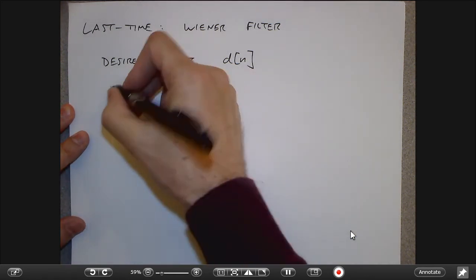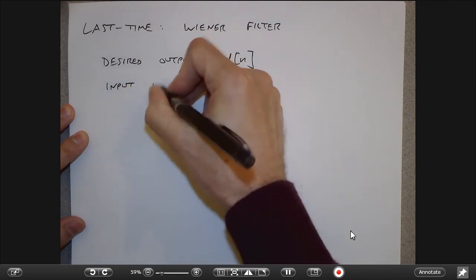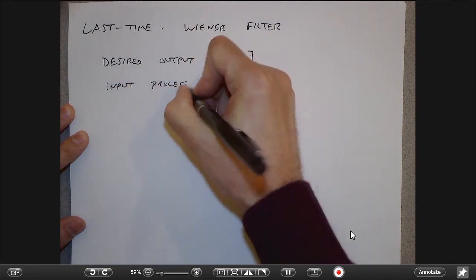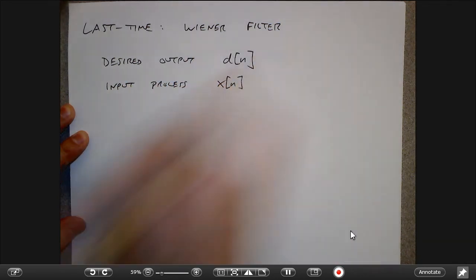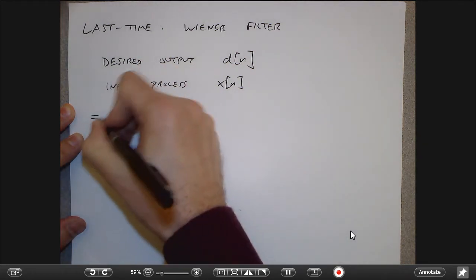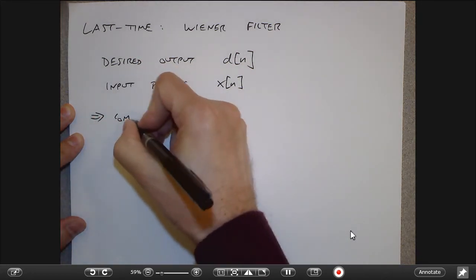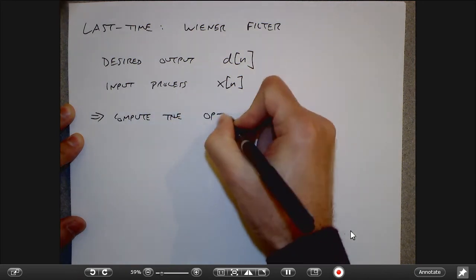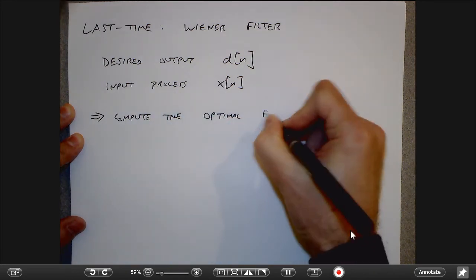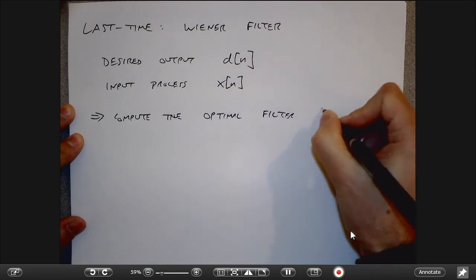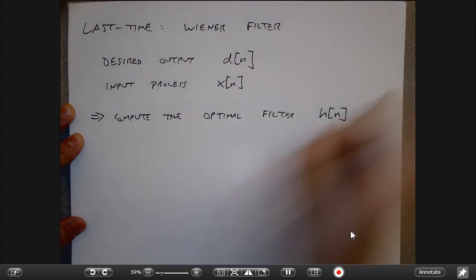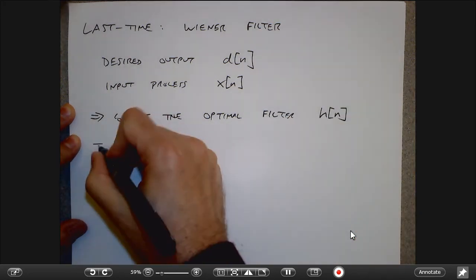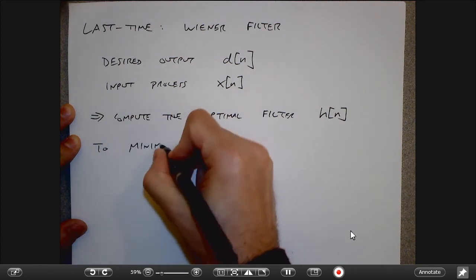And then we had an input process, x of n, and we wanted to compute the optimal filter h of n to minimize a cost function.